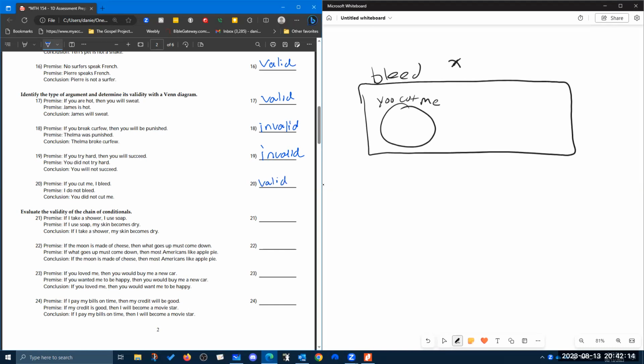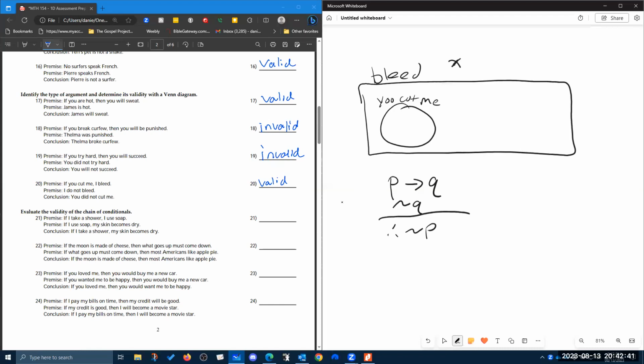It's in the form of P implies Q, not Q, therefore not P. The informal name of this is called denying the conclusion. And more formally, this is called modus tollens.